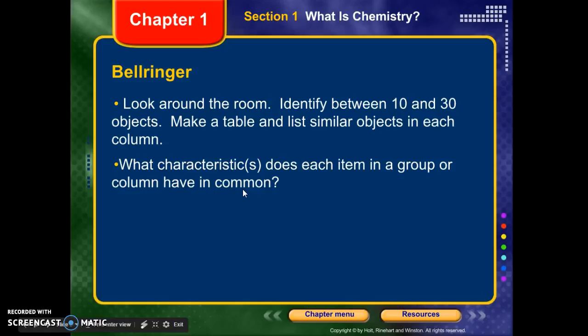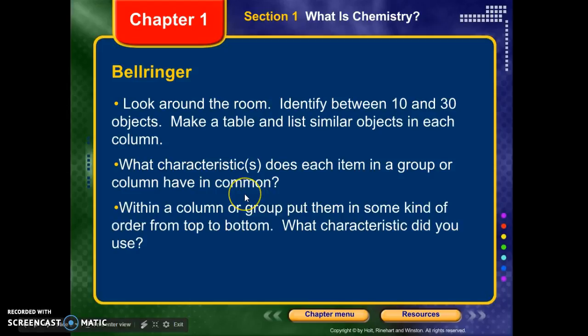So think about what characteristics does each item in a group or column have in common, and then within a group or column put them in some kind of order from top to bottom, such as small to large or one color to another color, and then sort of identify what characteristic you used.